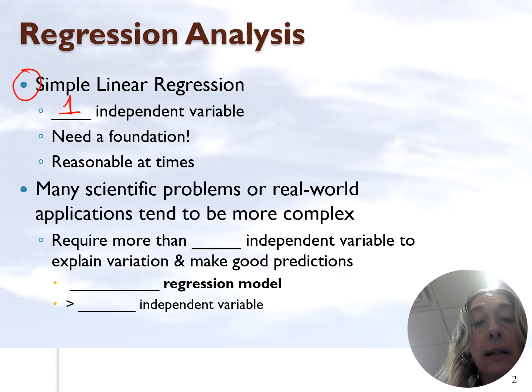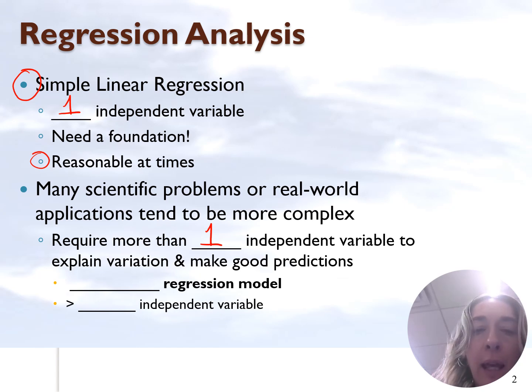And actually, simple linear regression can provide a reasonable model at times for some X and Y data, depending on the variables. However, many scientific problems or real-world applications that we tend to encounter are more complex, meaning that they require more than one independent variable to explain the variation in the dependent variable and make good predictions.